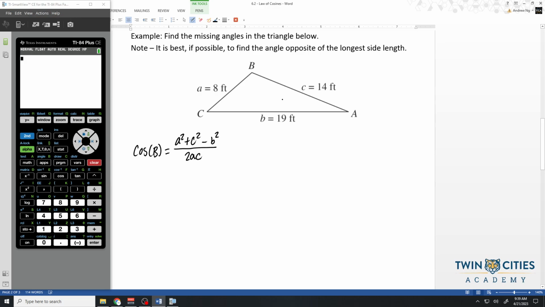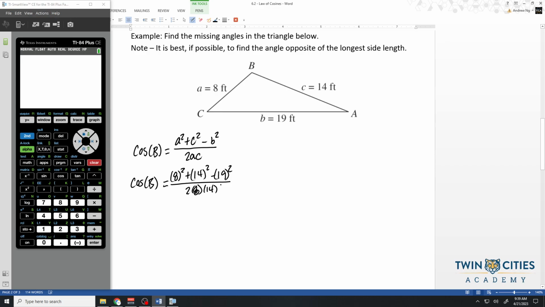And now we can fill in what we know. So the cosine of B is going to be equal to A is 8, so this will be 8 squared plus C is 14, so we got 14 squared minus B is 19, so 19 squared here. This is over 2 times A again is 8, and C is 14.